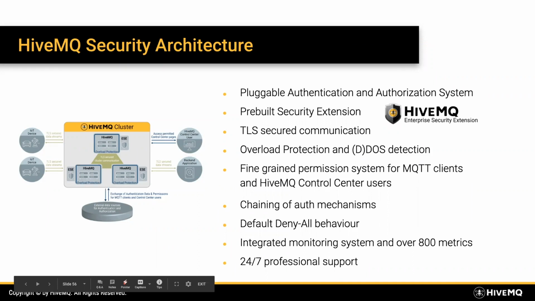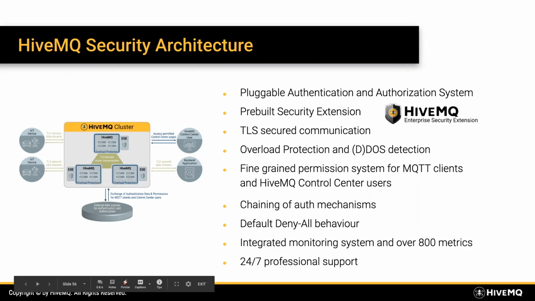And one thing that Georg mentioned, I think it was the first point in your part of the presentation, is the TLS secured communication. Of course, we have that. And here I can mention that we secure the communication between IoT devices and the MQTT broker, but also the communication between the cluster nodes in our MQTT broker.